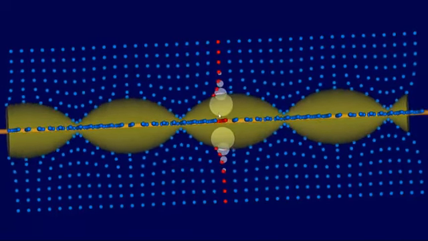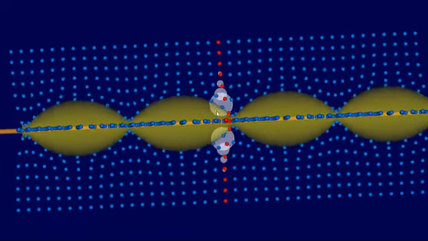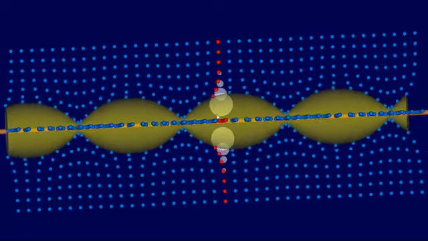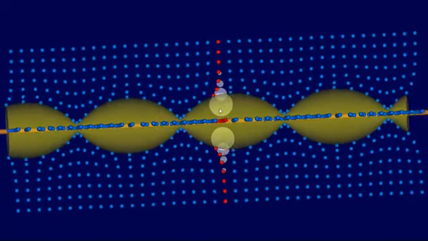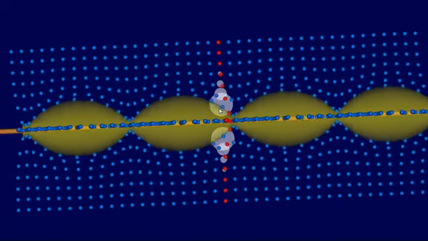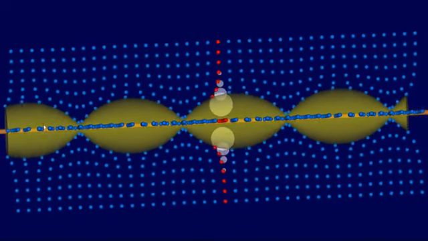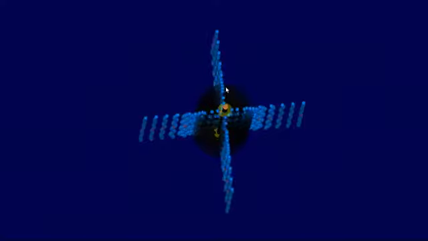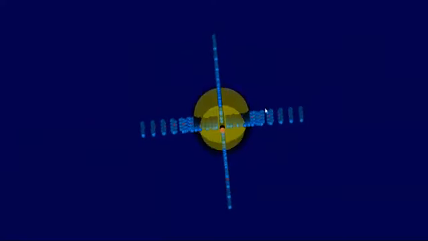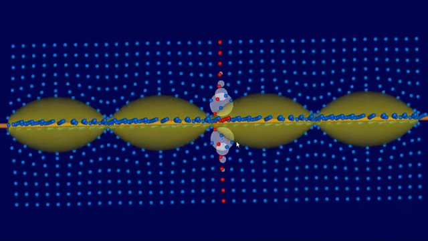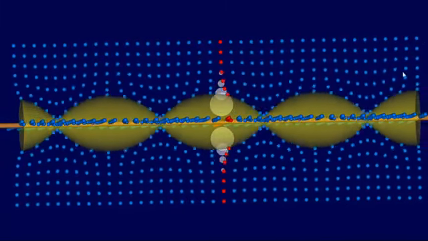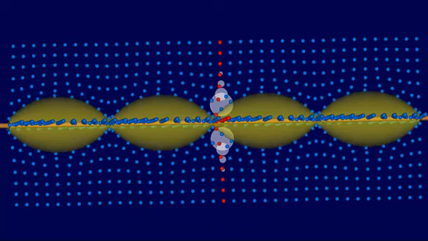So I'm going to switch from showing the circles to showing the torus structures, and that should help to clarify that the circulation is happening on the surface of a torus going all the way around the wire.